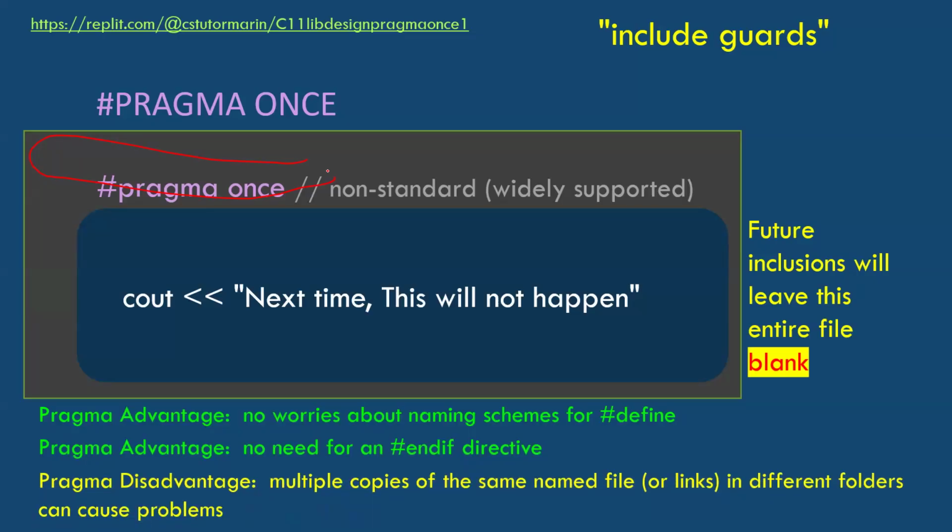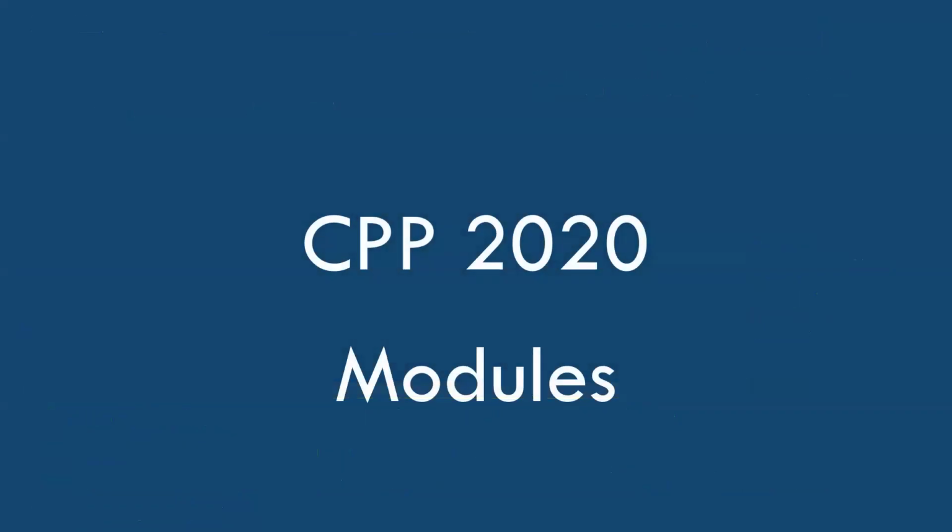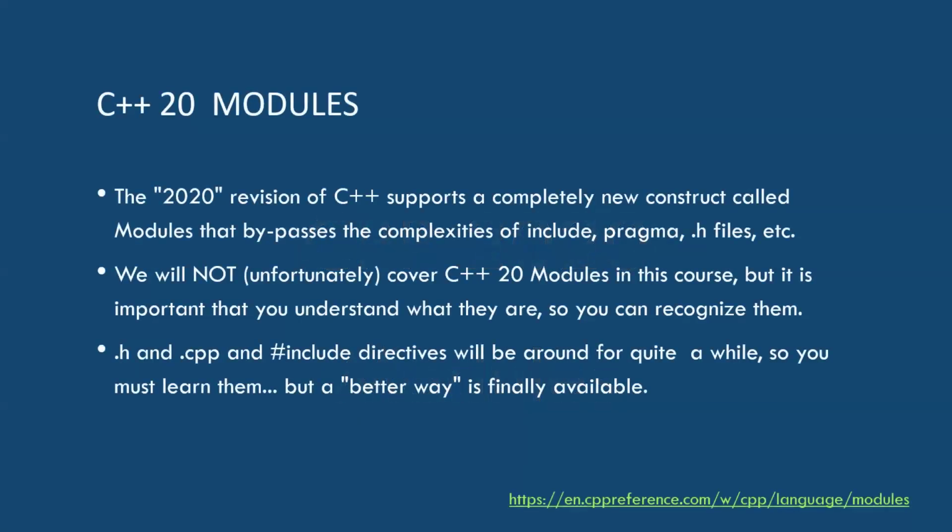Unless you have a really messy file system, but none of us are really going to encounter that. But that's the reason why bigger companies don't like it. Okay, now someday we won't have to do any of this anymore. In 2020, seems like a long time ago, they defined something very similar to Java. It's just not making its way out into the world as fast as people would like.